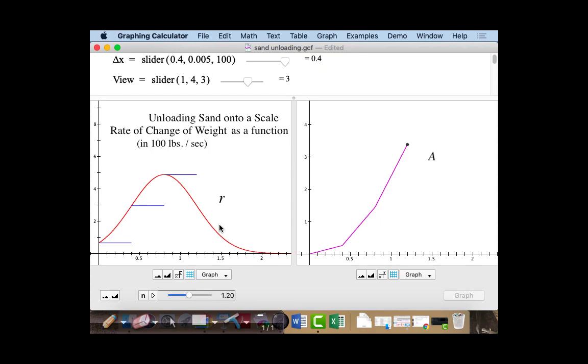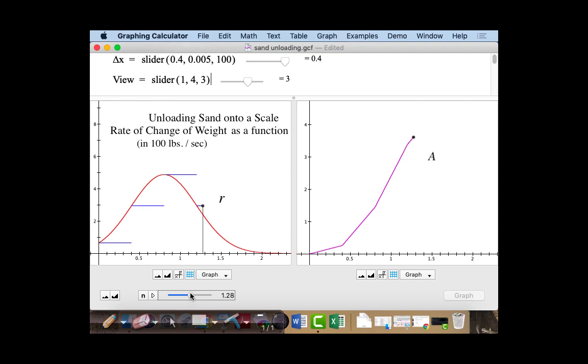If I go on from there, the next segment comes from back down here, so I'm still accumulating sand. The rate is decreasing, but it's still positive. So if I'm trying to imagine what function A looks like, I've still got a positive rate, it's just not as positive as it used to be.